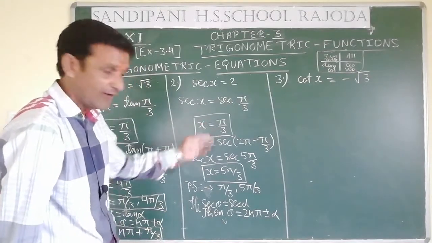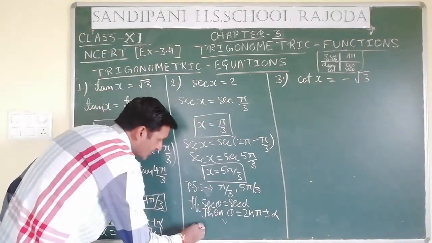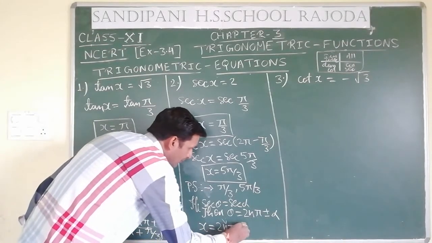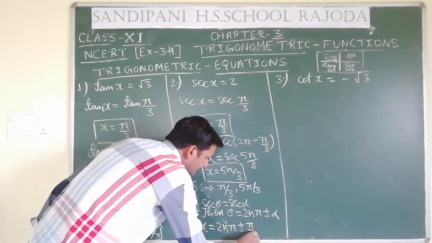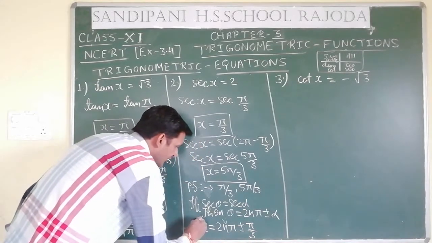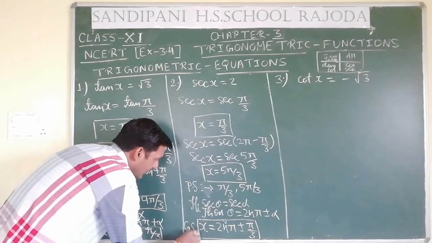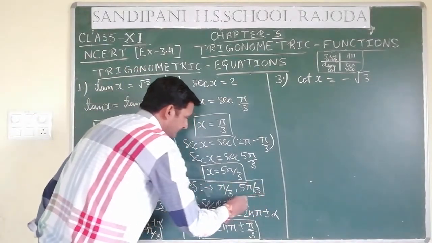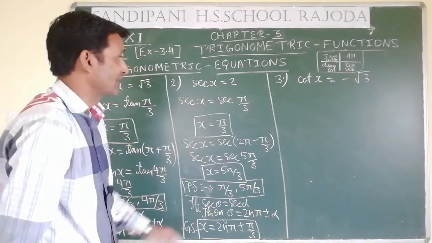We are proceeding with the first value. So in place of theta, it is x. So x is equal to 2n pi plus minus pi by 3. This is our general solution, and this is our principal solution for this equation.